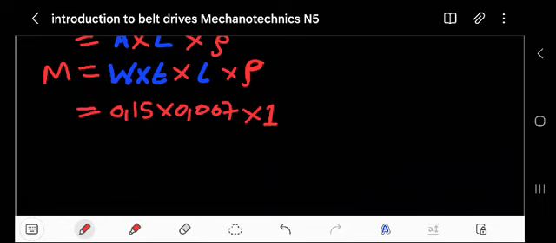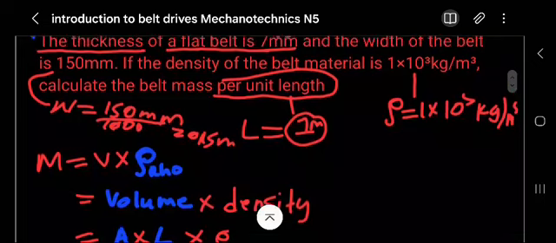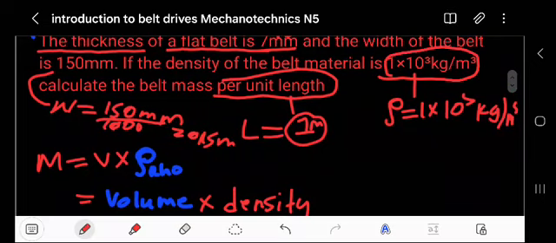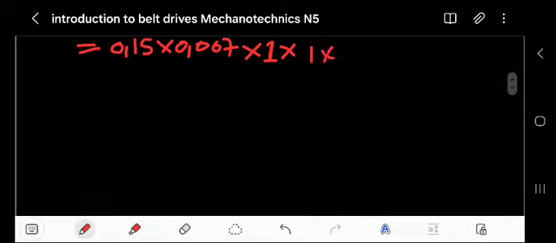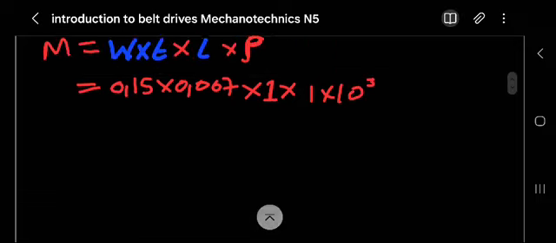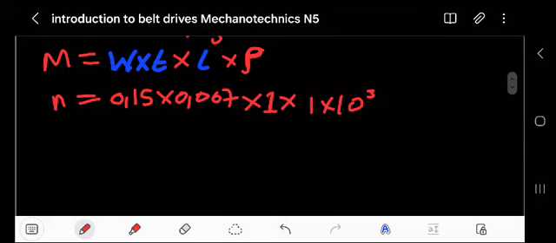Then we substitute our density, 1 times 10 to the power of positive 3. Then you can get your mass by calculating this on your calculator.